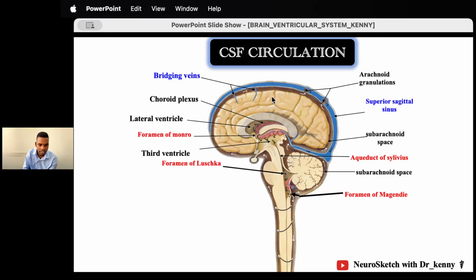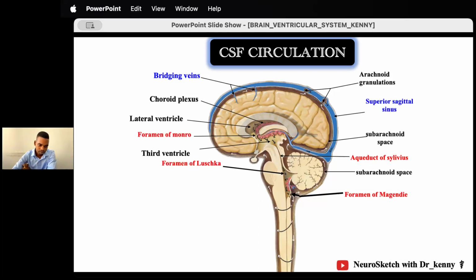Okay, so let's see the circulation of the cerebrospinal fluid. Once the CSF is formed by the lateral ventricles, this fluid will go to the third ventricle by the so-called foramen of Monro. We have 2 foramina of Monro, the right and the left.